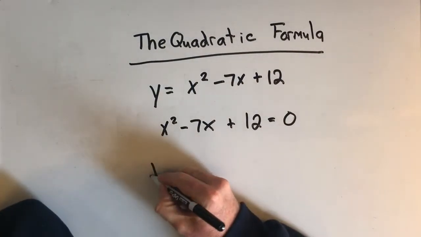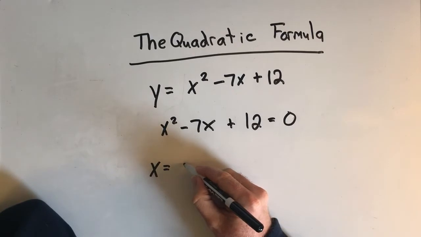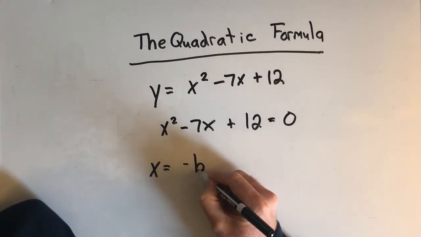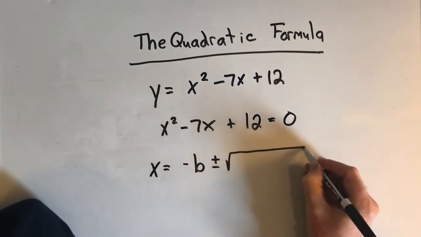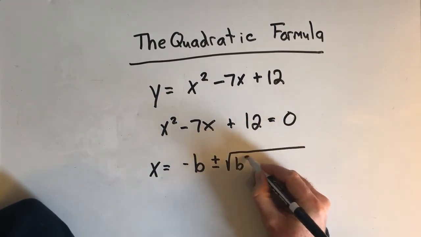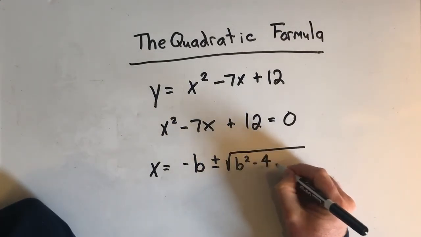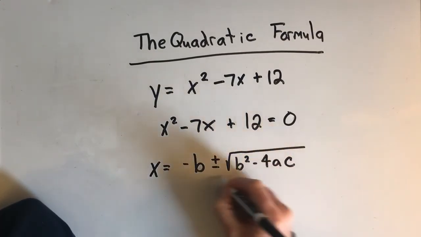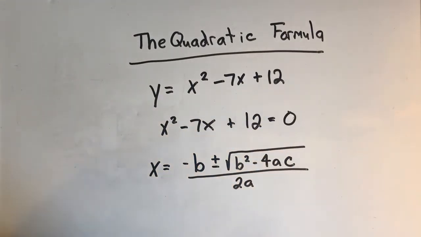And that is x is equal to negative b plus or minus the square root of b squared minus 4a times c all over 2 times a. Got that?